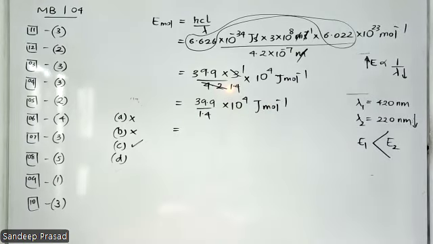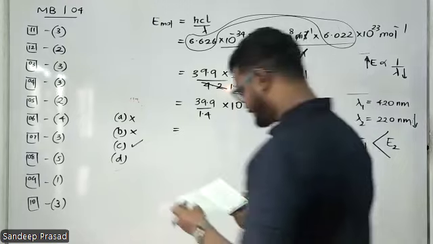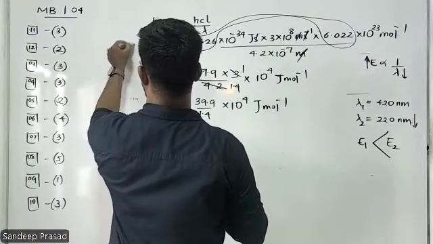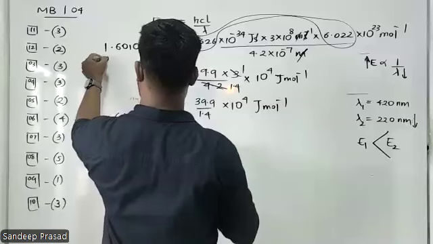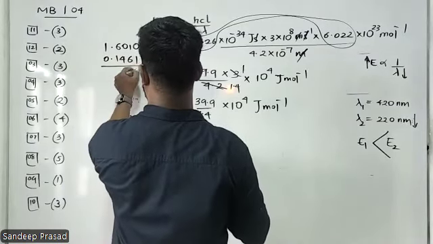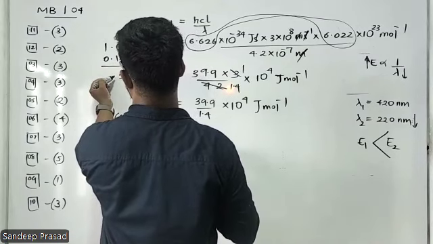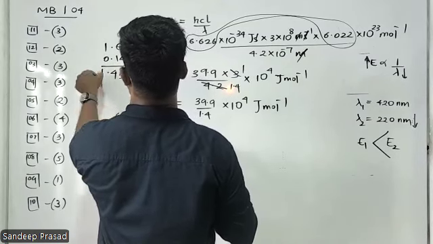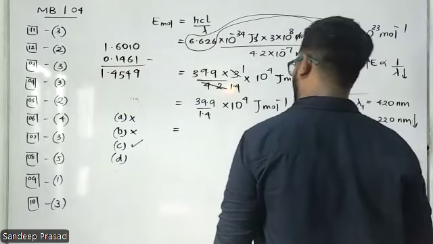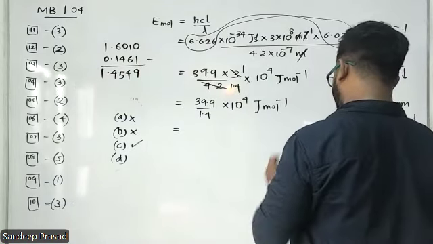So when you simplify this one, 39.9 is 60101 point 14.0, 1461. Take the difference, 9, 4 here, 5, 4, in this way. 1.4549.